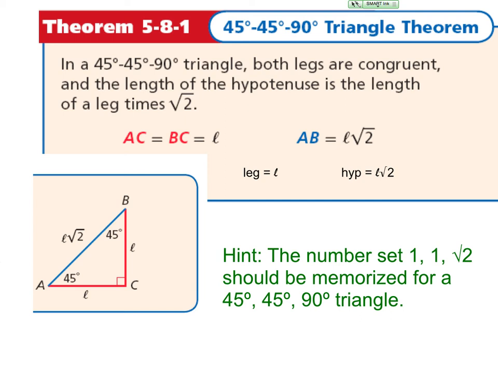So if you have the coefficients of this pattern memorized, it'll give you a step to remembering that in your trig class. So what would be the numbers to memorize? Well, the coefficients: L and L would be like 1L, and square root of 2 times L. So if you learn with a 45, 45, 90 that it's 1, 1, and the square root of 2, that will be something you'll need to use over and over and over in trigonometry. And I think the majority of you would be going to trig.